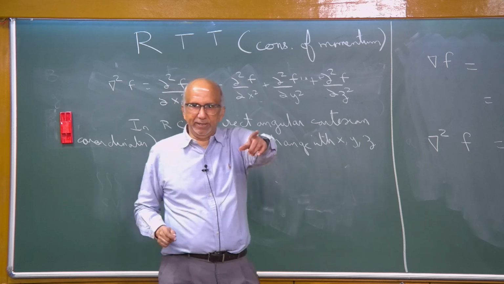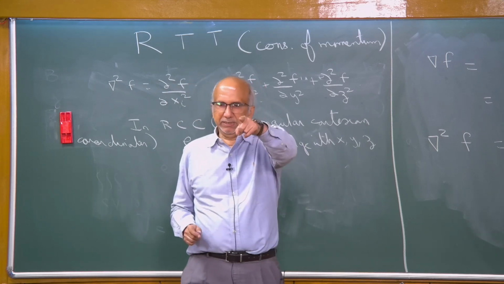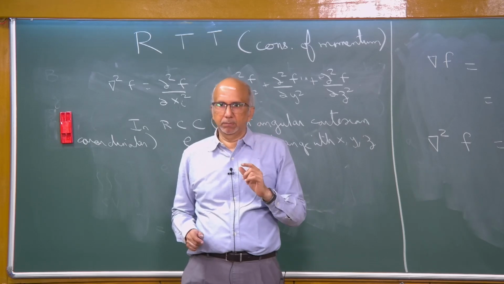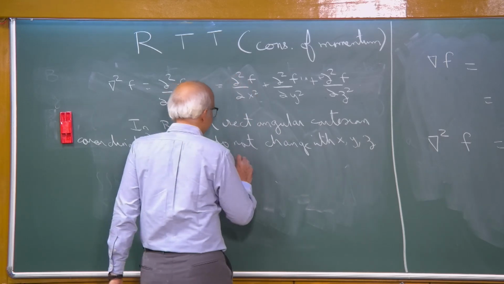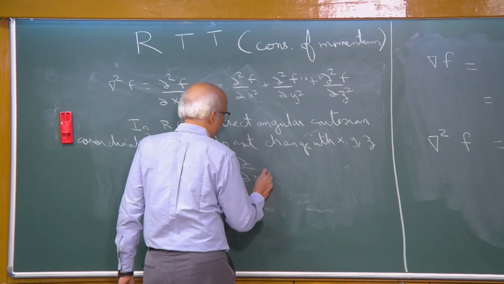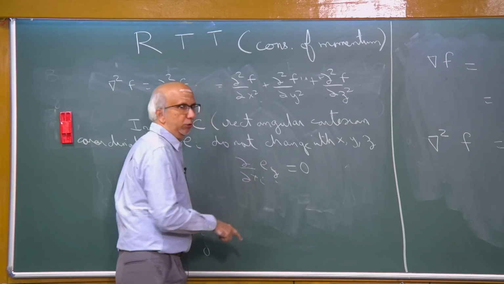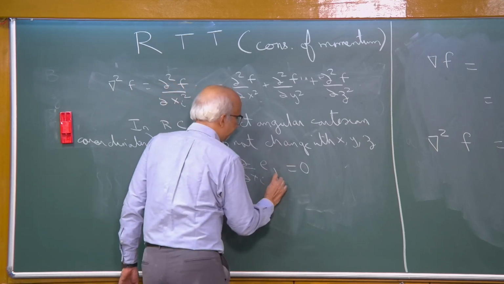If this is my x direction, the unit vector in this direction is always the same. It is parallel to the x axis, remember. So basically what I am saying is d by dxi of Ei or Ej is 0, because the unit vector does not change.